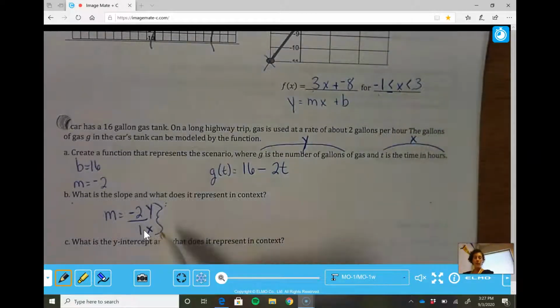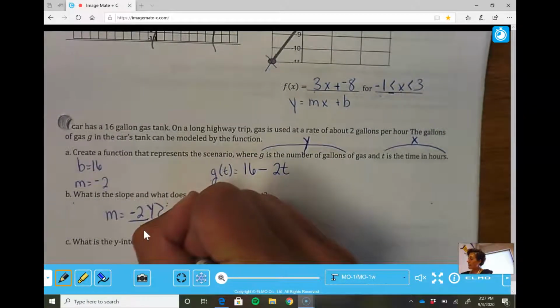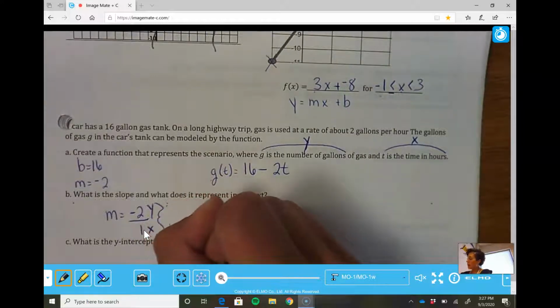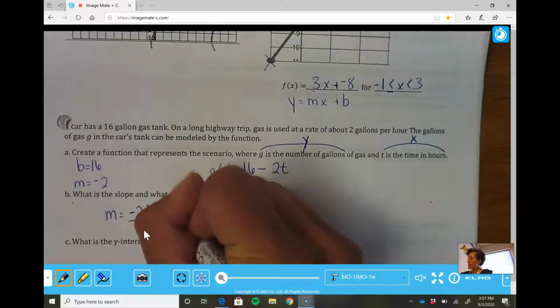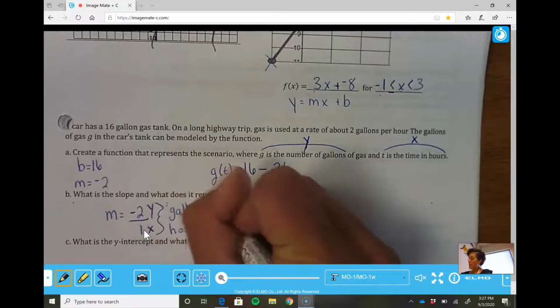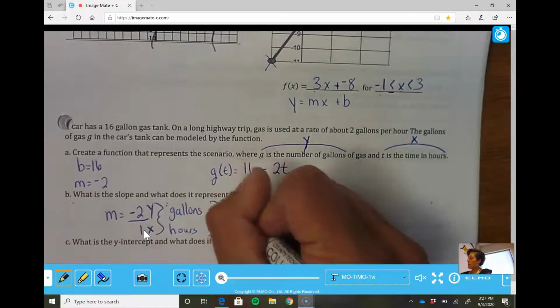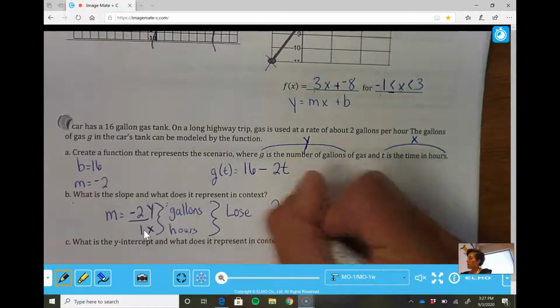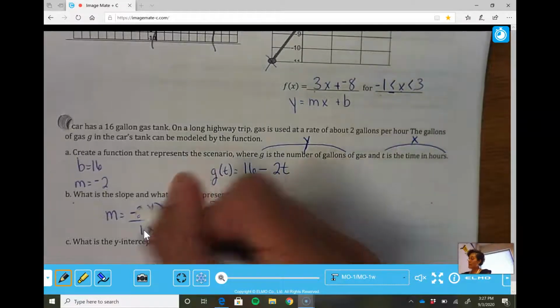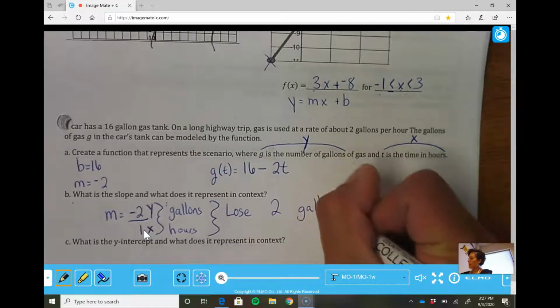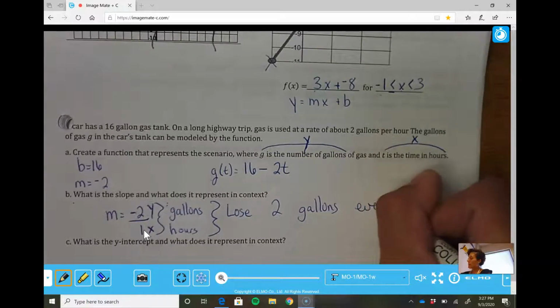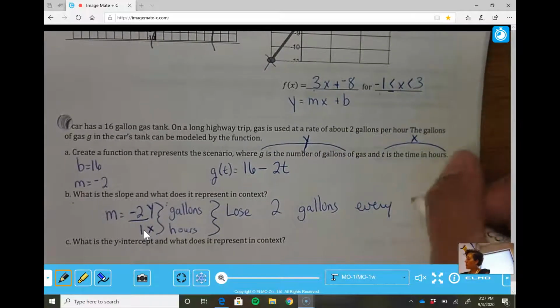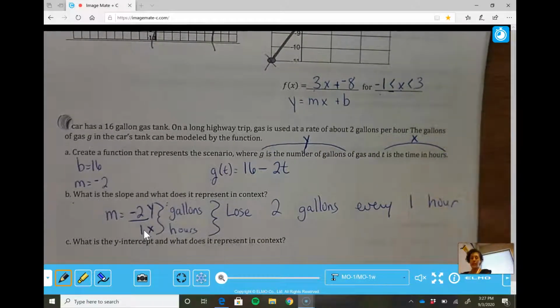So if you just do a little comparison, the denominator are your hours, and your top are your gallons. So now I'm going to put this in context. So we lose 2 gallons, and it's losing because it's negative, every, or you could say per 1 hour.